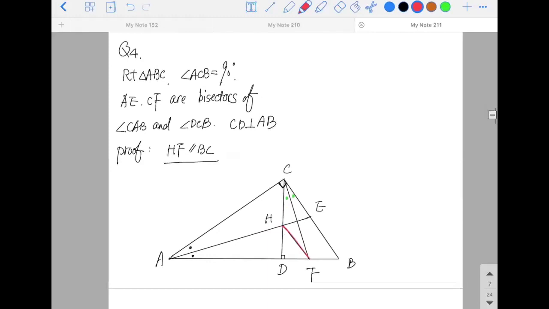So I'll let you guys think about it one more minute. Try to find some direction. How are we going to do this problem? How to prove HF is parallel to BC? You can post your answers into the group chat, and then we can take it from there.